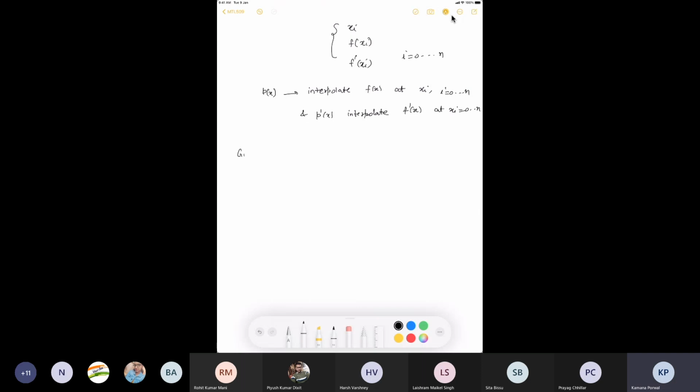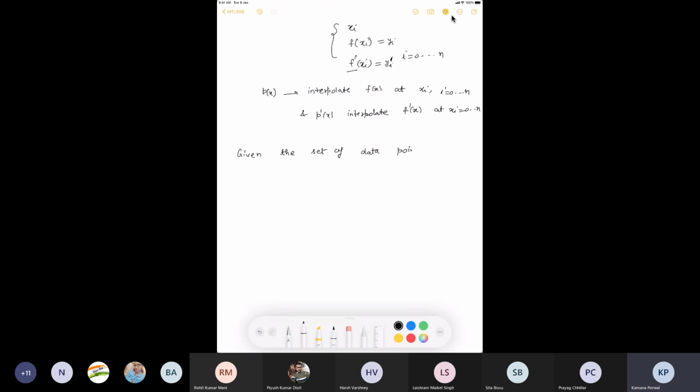We are given the set of data points. Let's call them yi's and let's call them yi prime. When I write yi prime, it's not the derivative, it's just a notation. But when I write it with the function f, it is a derivative of the function f.